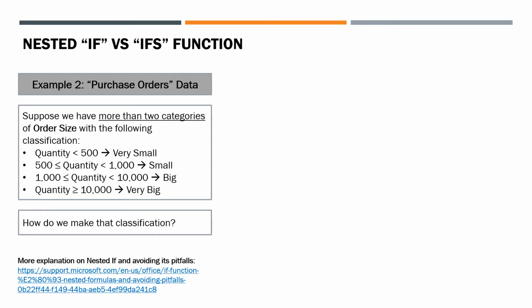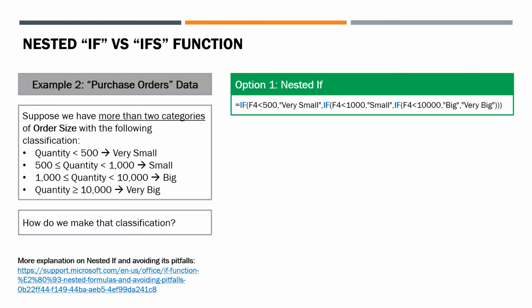So here we have more than one condition, and we can use two options, you can choose either one. The first one is nested IF, or IF inside IF, and the second one is the IFS function, IF plus S. If we use the IF function, the first criteria is evaluated first.